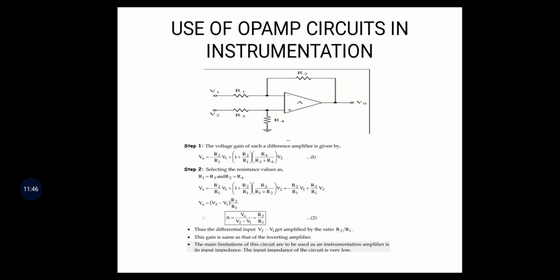If you select the resistance values R1 equal to R3 and R2 equal to R4, then V0 equals minus R2 by R1 into V1 plus R2 by R1 into V2.